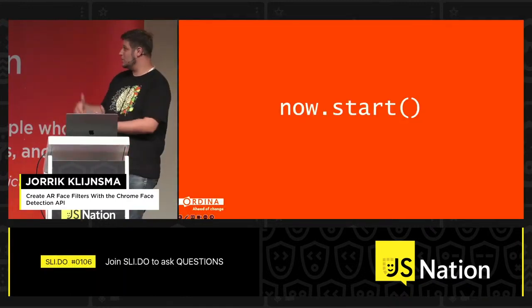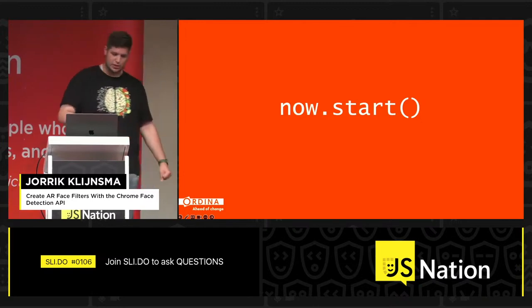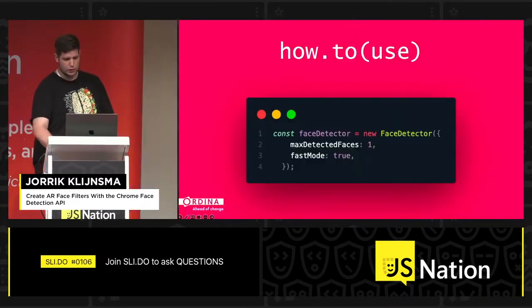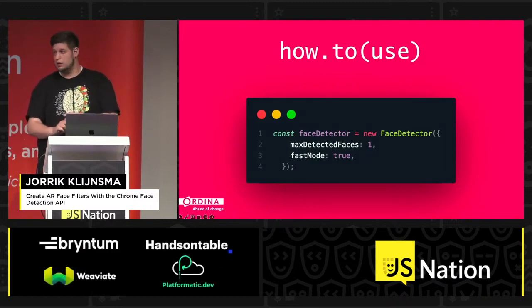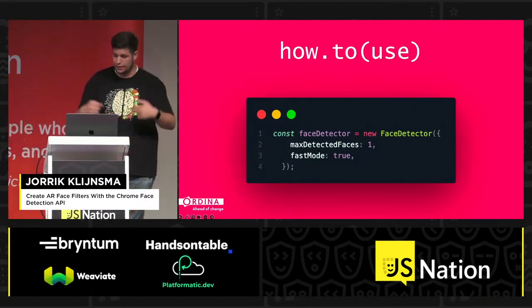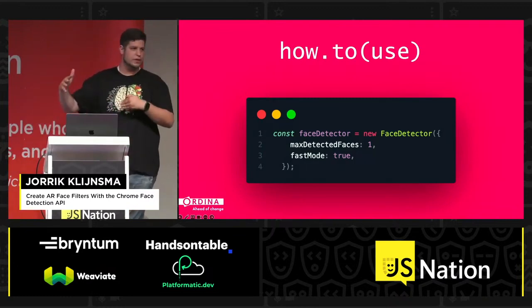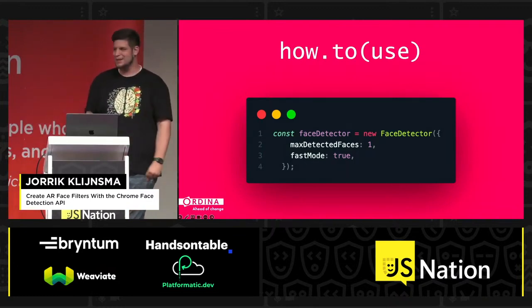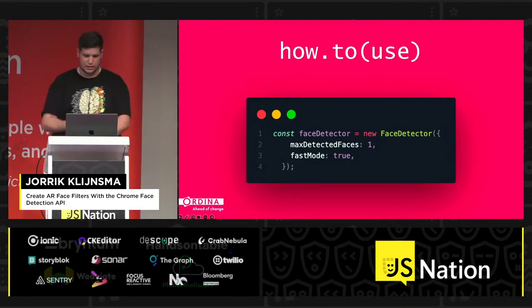So now you have enabled it in your browser, and now you can use it. To use it, you start to call a new face detector. It's just as simple as that. It can handle two properties. It can handle the max detected faces, which can be set to, I think, any number, but at a certain point your machine is not going to be fast enough to detect all those faces.